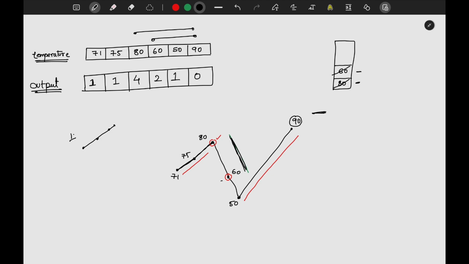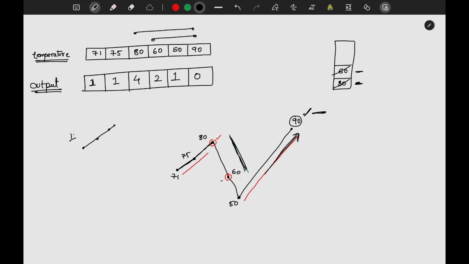And whenever our line starts increasing, or the value starts increasing, we have to check with that increased value whether the previous value which we stored, like 60 and 80, is greater or not. If it is greater, we will simply find the difference between the days and store it.